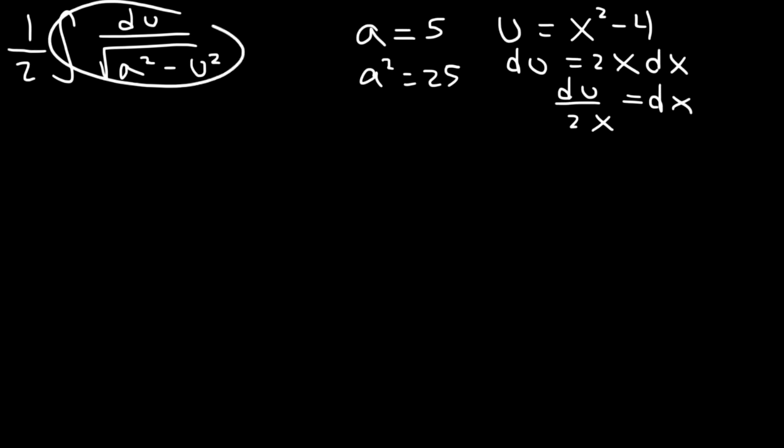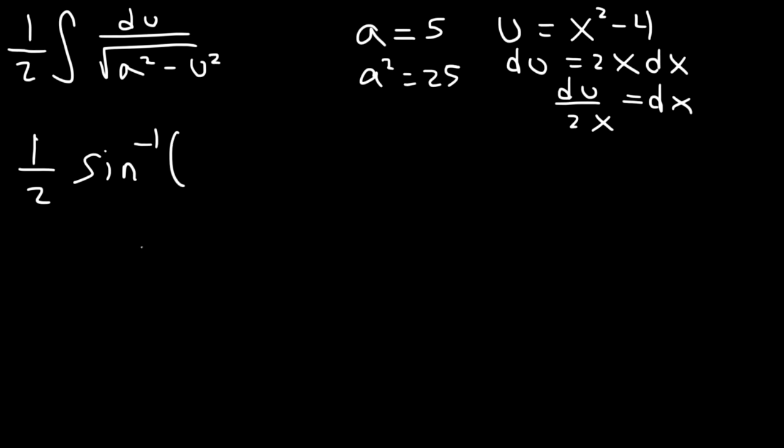Now this is the formula of arcsine. So what we have is 1/2 arcsine u over a plus c.